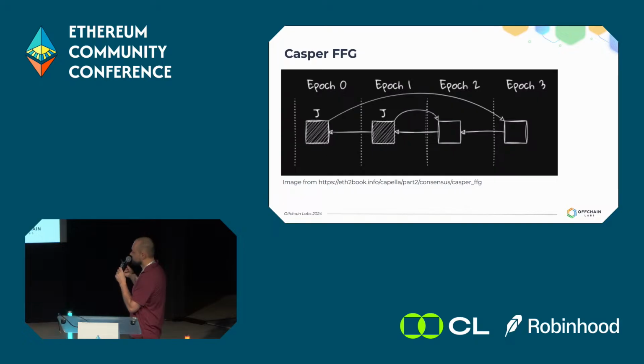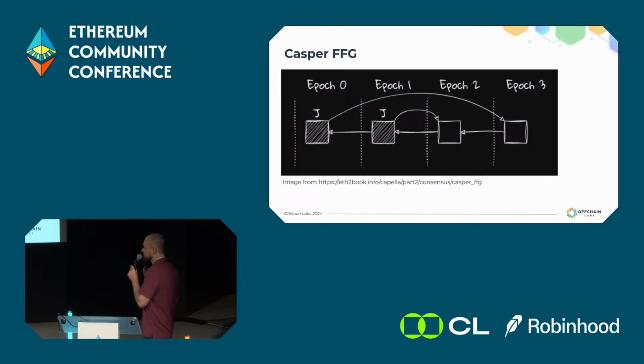And let's imagine this scenario. A validator casted its vote where it said the source is at epoch 1 and the target is at epoch 2. And then later on, they cast a vote saying the source is at epoch 0 and the target is at epoch 3. Now this is something called a surround vote, and you can't do that.